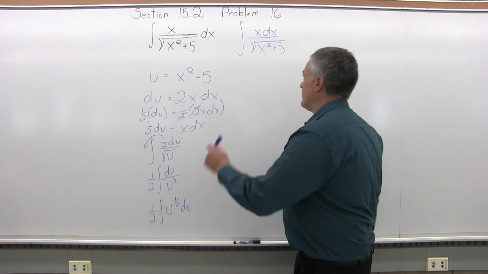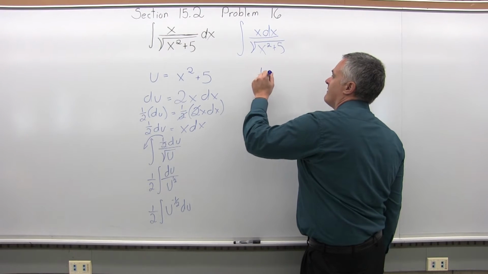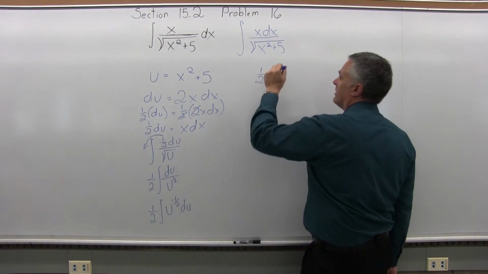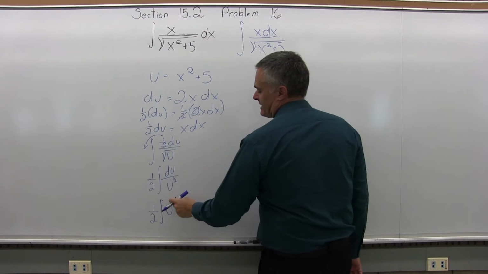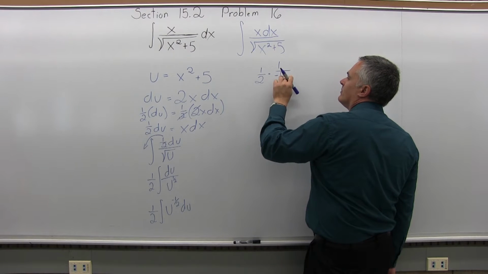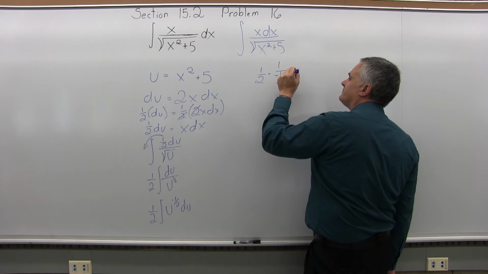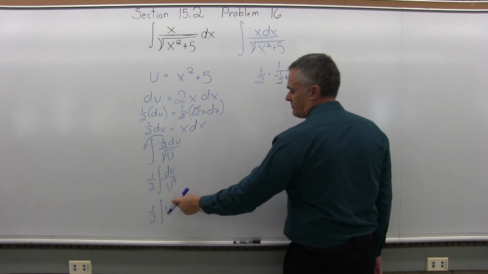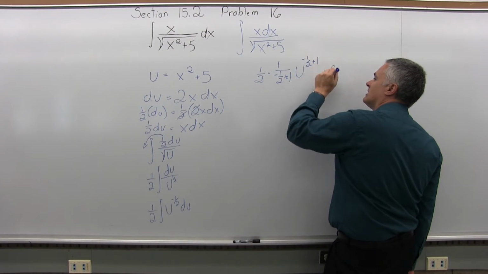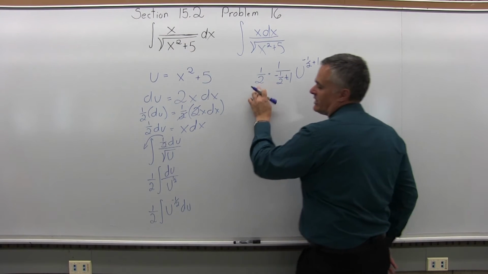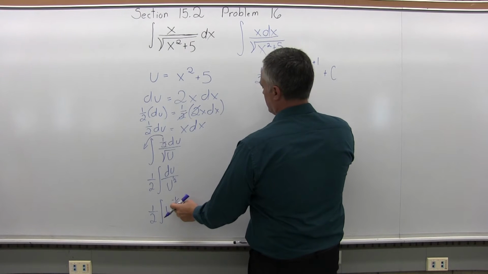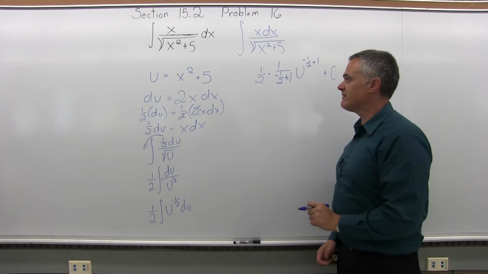So the 1/2 in front can stay in front, and then it's going to be times 1 over the exponent of minus a half plus 1, u to the previous exponent of minus a half plus 1, plus a constant. So I have a few halves. One of the halves is from my adjustment of my du, and the other half is from actually doing the integral where my exponent was minus a half.